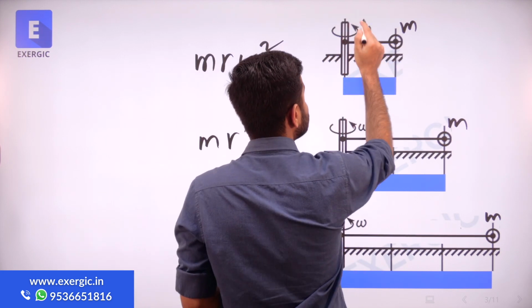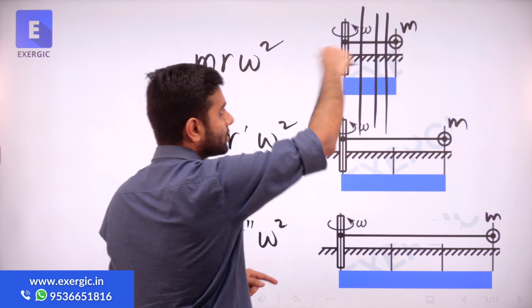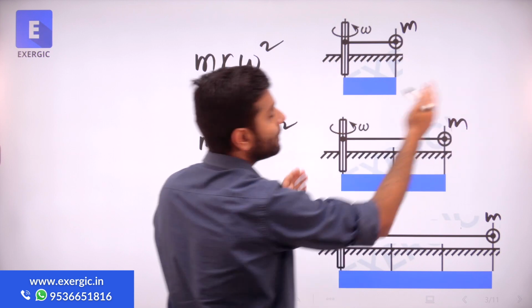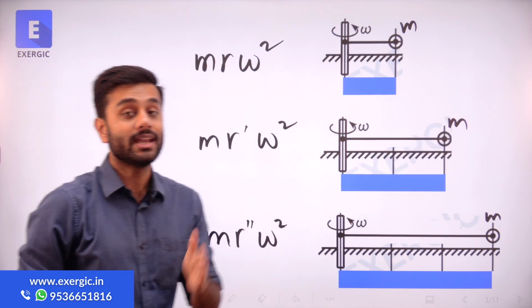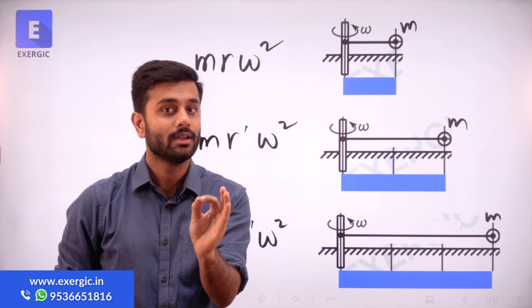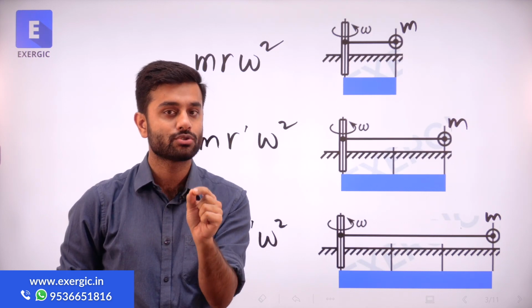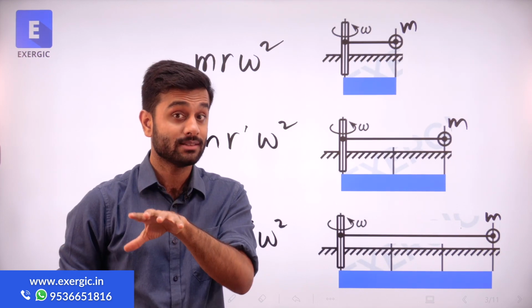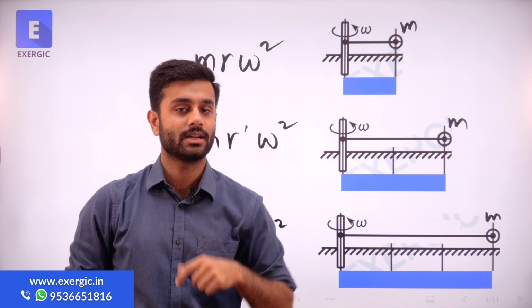Because if I cut any section here or here or here, along that line, this mass is on the further side of the section. So the centrifugal force will be felt by that section. It's an important concept that you should understand at this point of time. And I will explain this concept one more time in the further discussion.